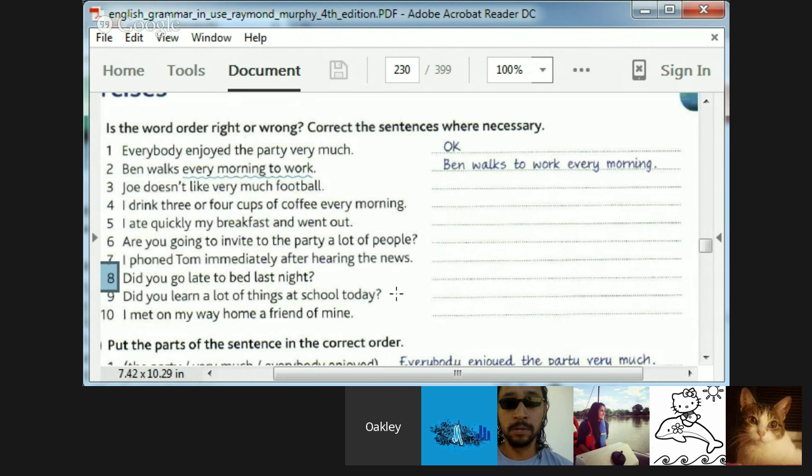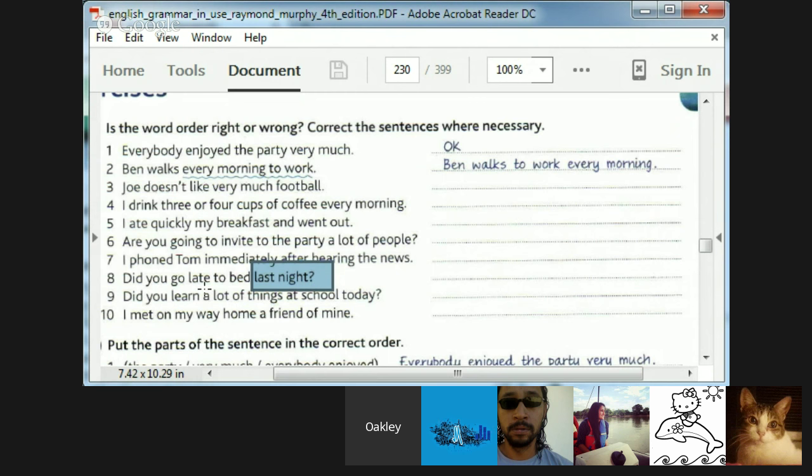Did you go to bed late last night? Yeah. This is very confusing because the time phrase is broken up. It's very odd the way it is. Okay, right. The way you said it. Did you go to bed late last night?